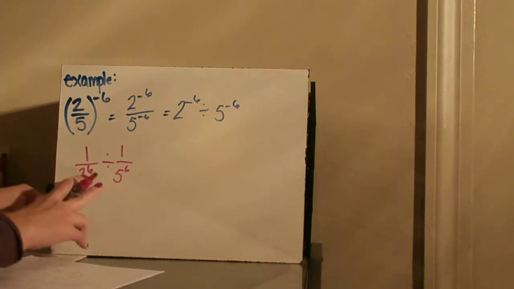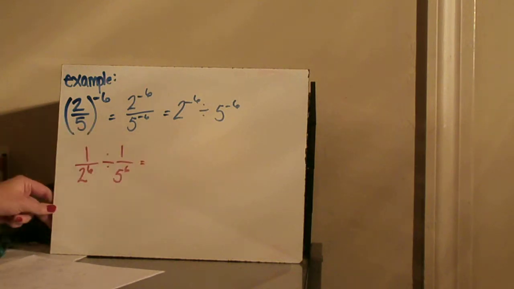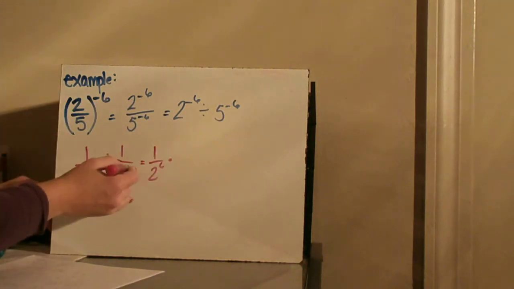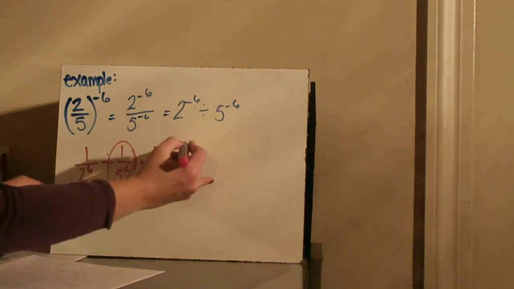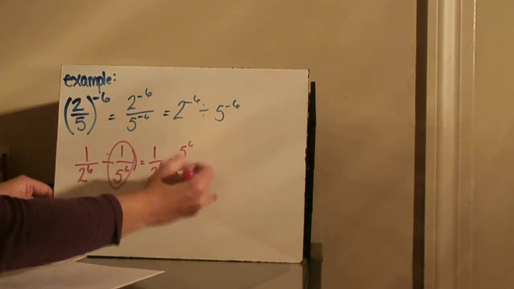Now I have two fractions. I'm dividing them, so I'm going to follow my rules for dividing fractions, in which I multiply and flip that second fraction. So that's 5 to the 6 over 2 to the 6.